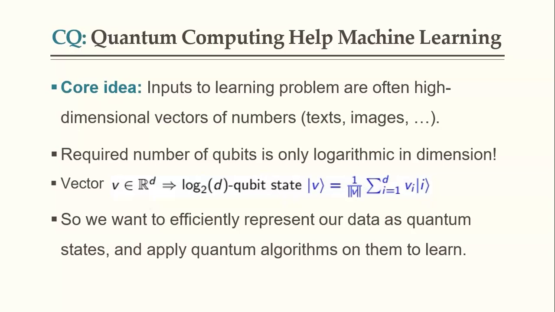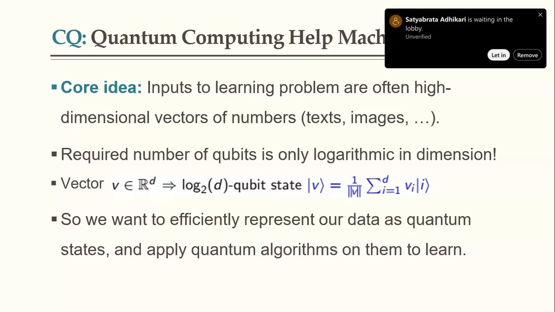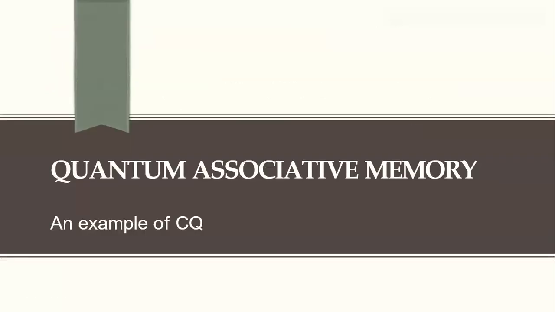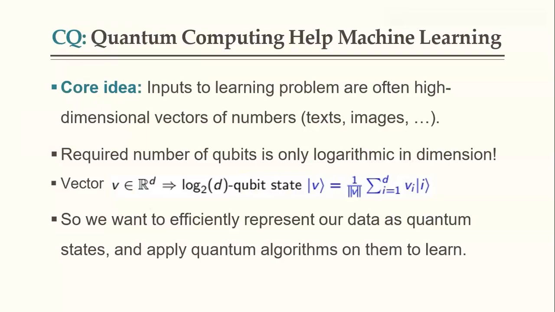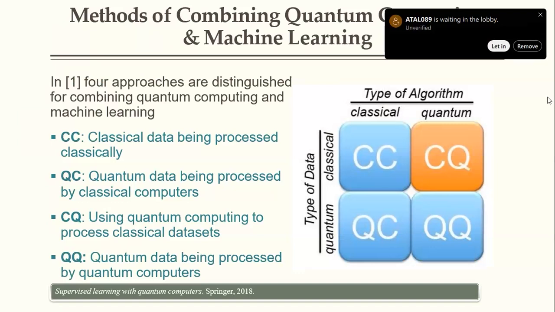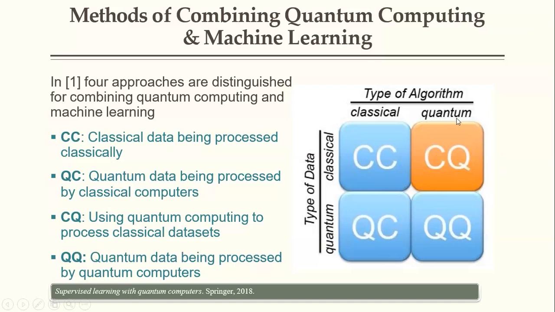Now we see some applications of quantum machine learning: feature encoding, quantum kernel methods, quantum neural networks. Then we will go for quantum associative memory, which means classical data and quantum algorithm.